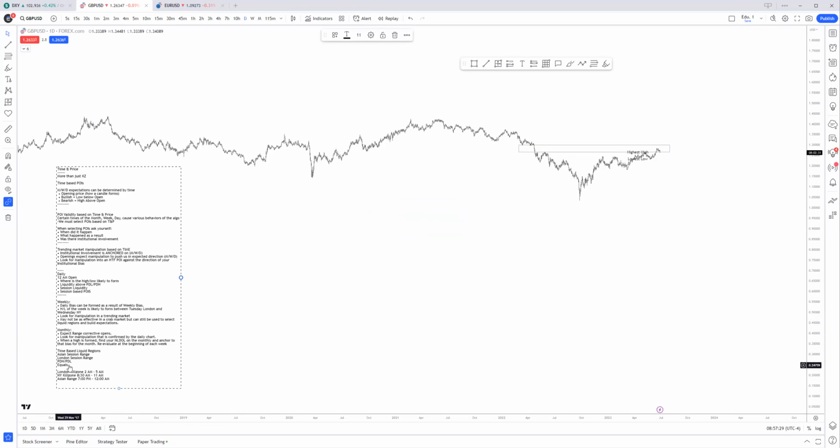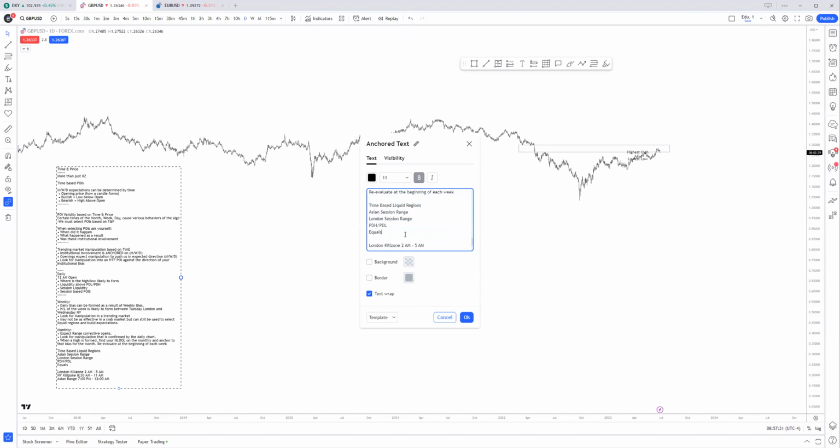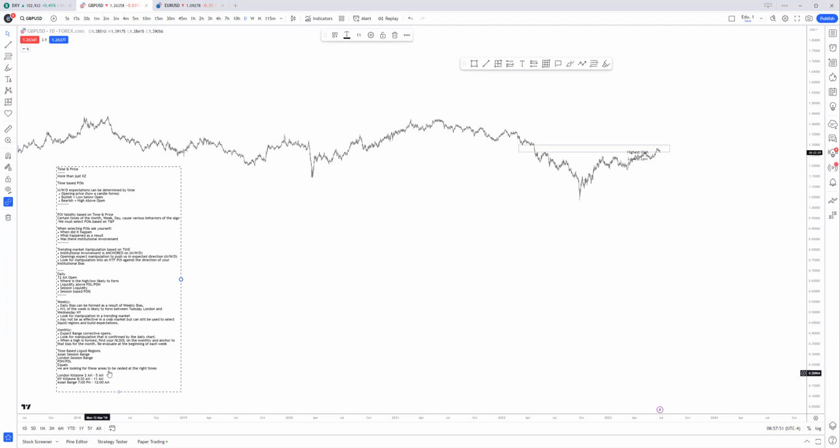So we're looking for any of these areas of liquidity to be raided, or drawn to, at the right times, right? So we're looking for these areas to be raided at like New York Open, New York Kill Zone, London Kill Zone, right?